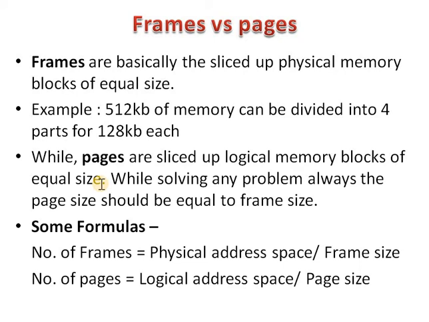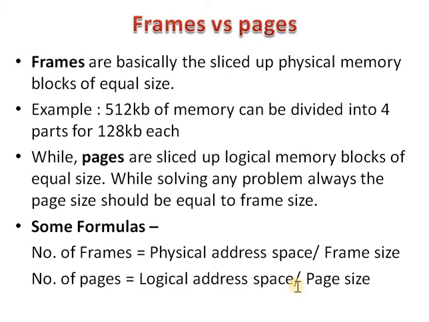Frames are basically sliced up physical memory blocks of equal size. That means if 512 KB memory is available, then that memory is divided into 4 parts of 128 KB each. Each of those we call a frame.